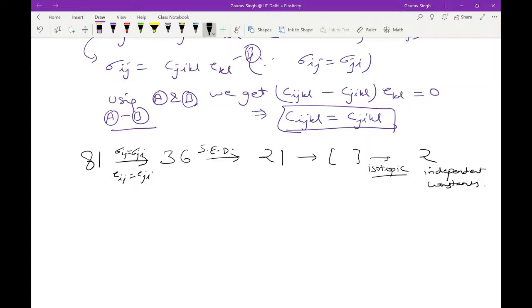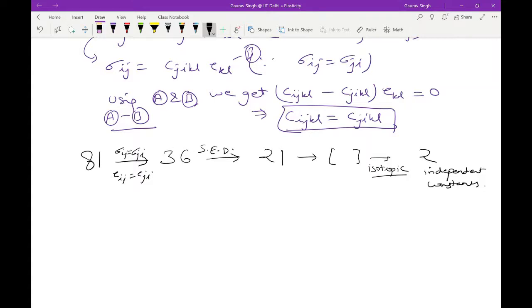A general linear elastic solid will have 36 independent components provided the stress and strain is symmetric. It will obviously be reduced to 21 in the future discussions, and we'll see where that happens. But for now, this is the sort of timeline, the reductions of how it happens.